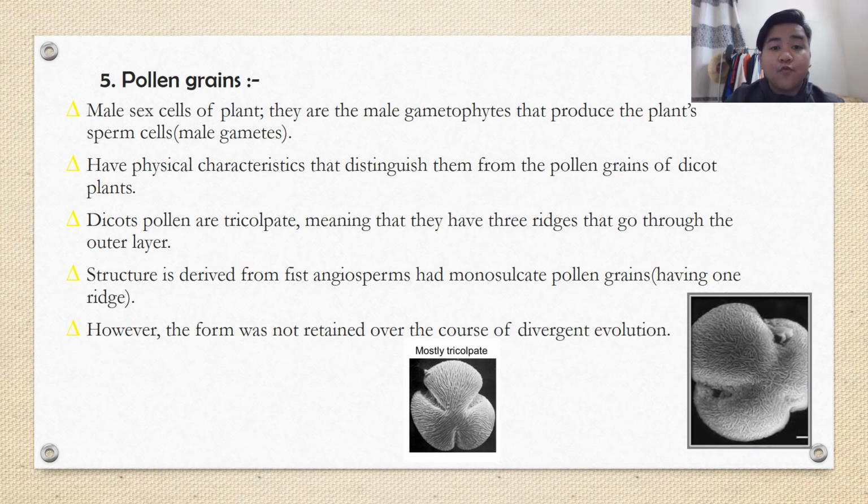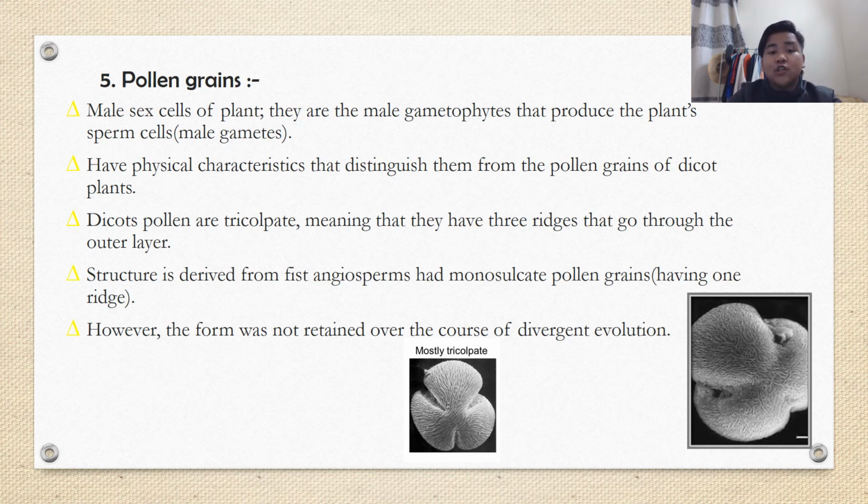The fifth one is pollen grain. Pollen grains are like the male sex cells of plants. They are the male gametophytes that produce the plant sperm cells, or male gametes. The pollen grains of dicot plants have physical characteristics that distinguish them from the pollen grains of monocot plants.